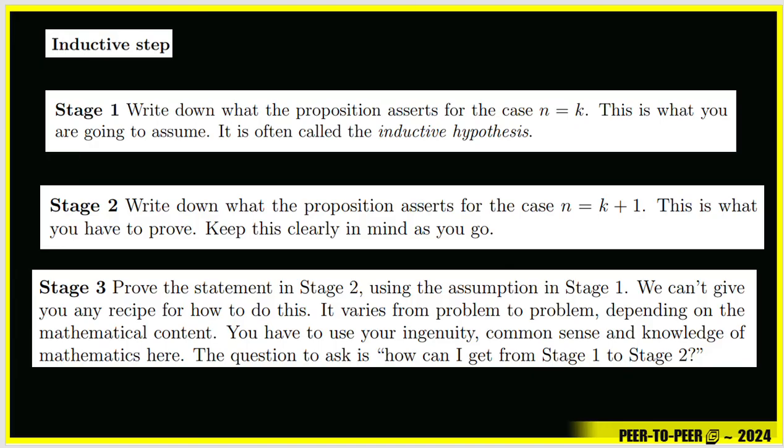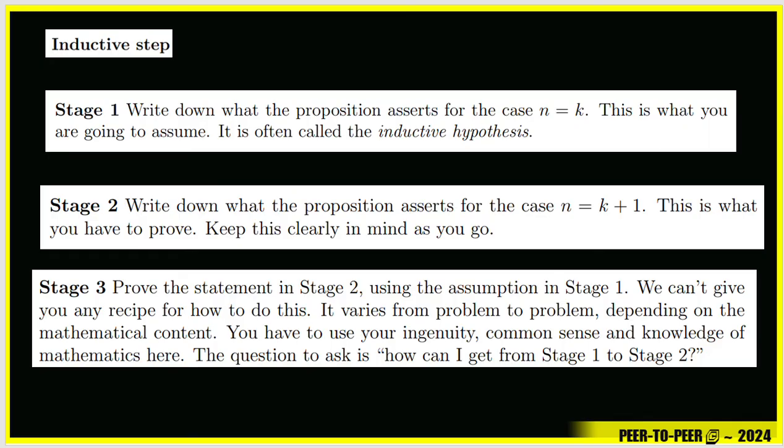Stage 3, you prove the statement in stage 2 using the assumption in stage 1. That's using the proposition, the inductive hypothesis. So you are going to prove your stage 2, the case where n is equal to k plus 1, using what? Your inductive hypothesis. Remember, we can't give you any recipe for how to do this.